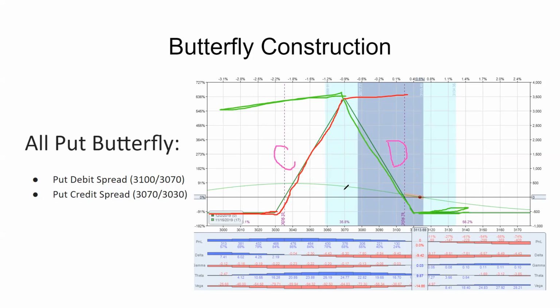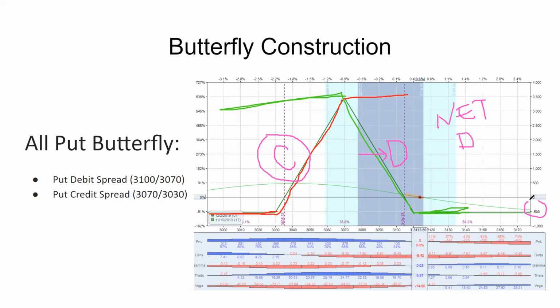And just like with the out of the money call butterfly, the credit spread does not have enough premium to cover the cost of this debit spread. So this position would be a net debit trade.